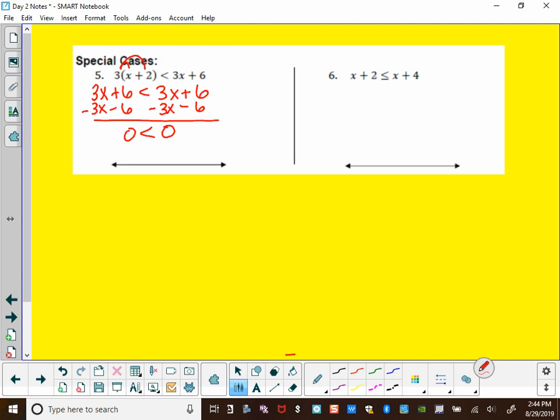What that means is that, like last lesson when it was 0 equals 0, that means all real numbers. Same thing here. You're just going to make, I think it's like a circle. Nope, nothing at all. You're going to put whatever number you have, which is 0, and you're just going to put a line with an arrow, meaning every number is included there.